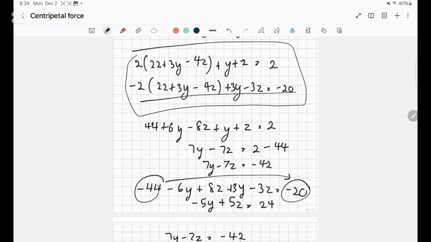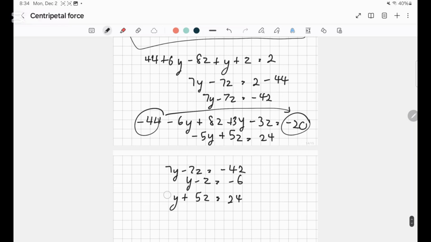So this will change. Everything else is correct. It's just the 3 that I missed when writing down the 3 equations again. So minus 44, so this is 3, minus 3y, minus 6y plus 3y is minus 3y plus 5.